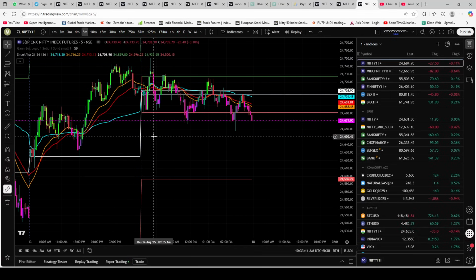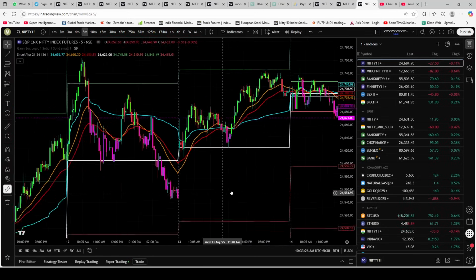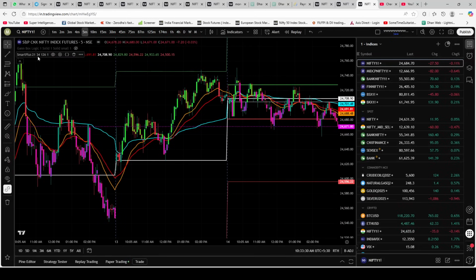SmartPlus is something that I use on a day-to-day basis. It's the bread and butter of my way of trading, and if you're a channel member, then you must know that it's very close to the logics that I use in my trading. EMA 21 and 34 are both Fibonacci numbers.